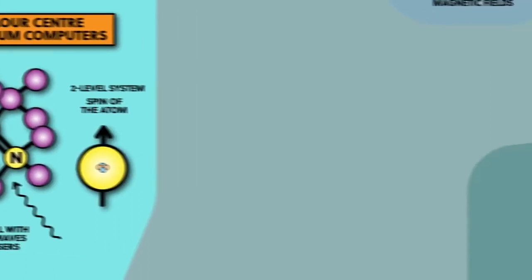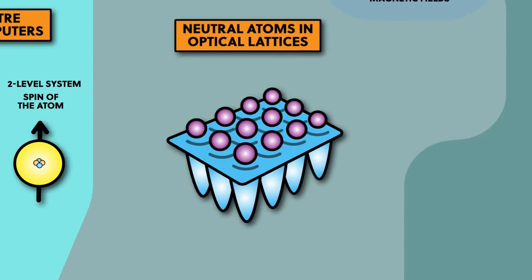The final approach is called neutral atoms in optical lattices. In this approach, the qubits are atoms, and the design uses cold atom physics, capturing neutral atoms like cesium into an optical lattice, which is a crisscrossed arrangement of laser beams, which form energy wells shaped kind of like an egg box. These atoms are cooled down with lasers to a few millionths of a Kelvin, and there's a number of ways to encode the two-level system the qubit's built from.